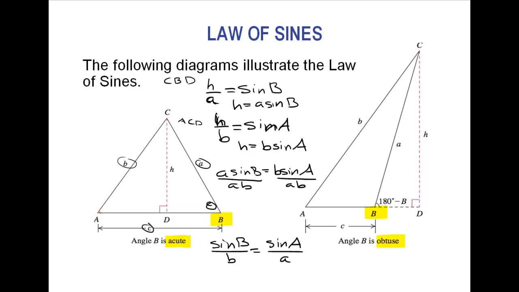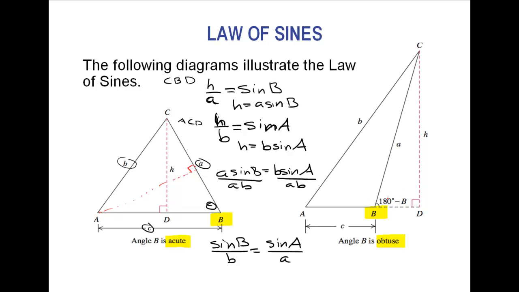We could repeat this process with a line like this and create a right triangle here, and then redo the process between C and B. And then once we see that there's a ratio between C and B, then we get C and A right out of it, because if we have C to B and B to A, then by transitivity we have C to A. I'll leave that for you to do on your own if you really want to prove it to yourselves, but it's a similar, almost identical argument. And then over here, the argument's the same.